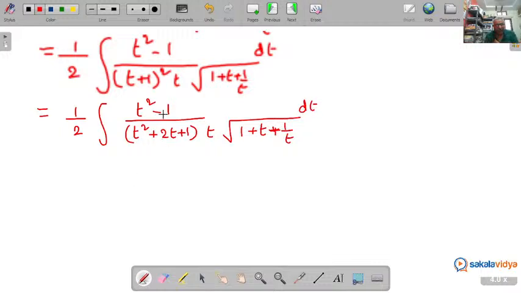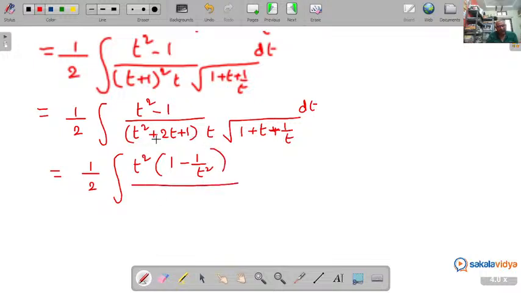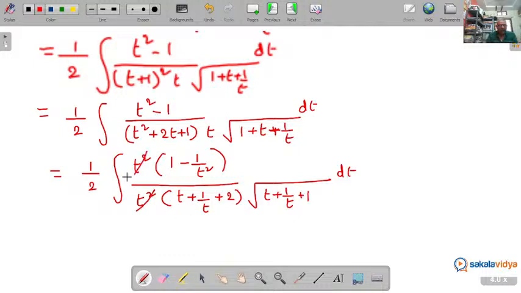So now divide both numerator and denominator by t square, that is, take t square common. So half into 1 minus 1 by t square, and in the denominator take t common, it becomes t plus 1 by t plus 2, under root of t plus 1 by t plus 1 dt. So t square gets cancelled.